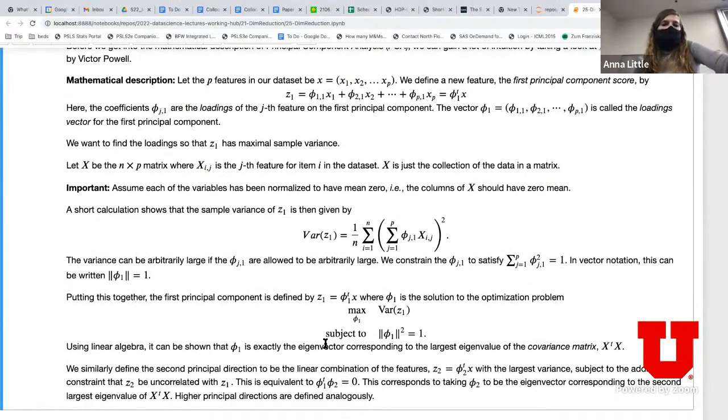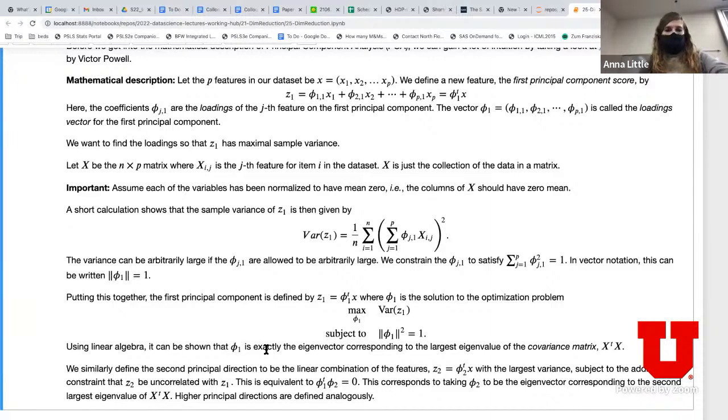And actually, using linear algebra, how many of you have had linear algebra? Anybody? A couple people? Okay, so you were blessed with the discussion of eigenvalues and eigenvectors and all that fun stuff. If you haven't done that, that's no problem. But if you have, there are some interesting connections here with linear algebra.